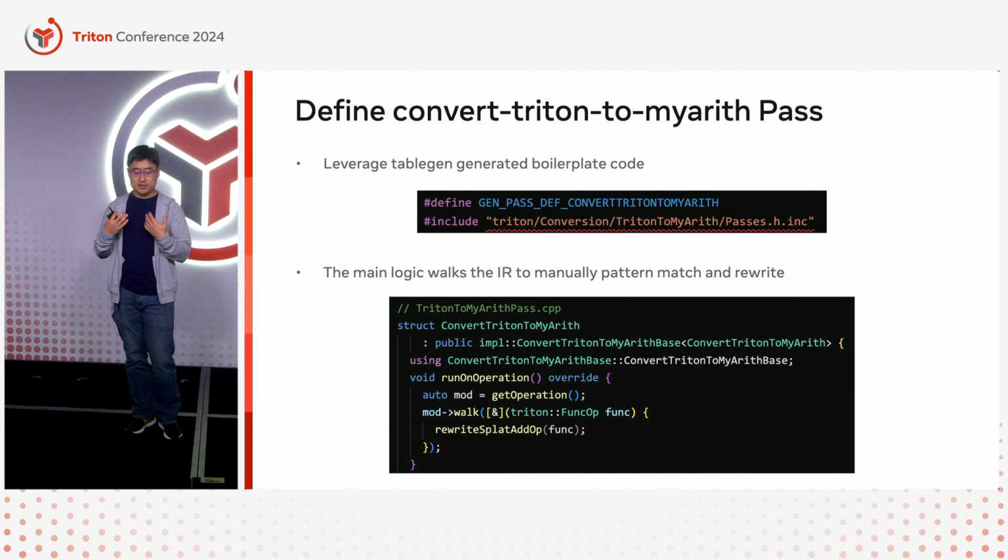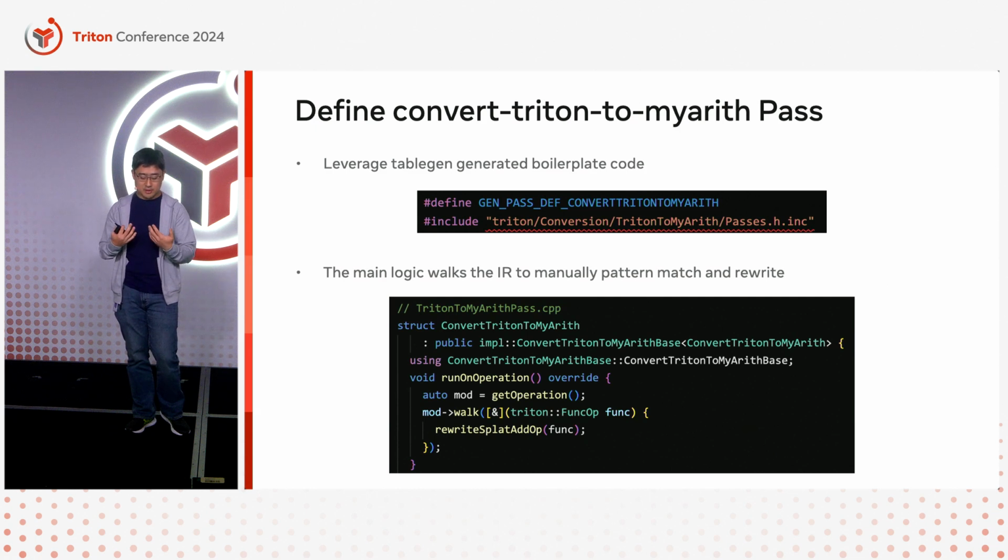Now, to actually define this pass, we'll use the TableGen-generated boilerplate code, and that greatly simplifies the amount of code that we actually have to write as a human. But the main logic is summarized in the screenshot below. The main function is this runOnOperation, in which we will use the capability that MLIR provides for us to hierarchically walk the IR structure.